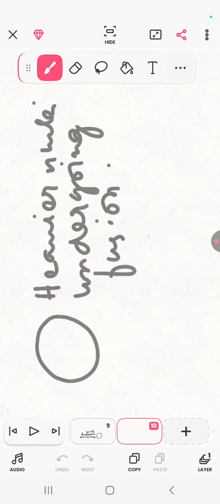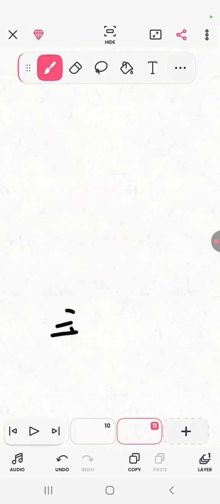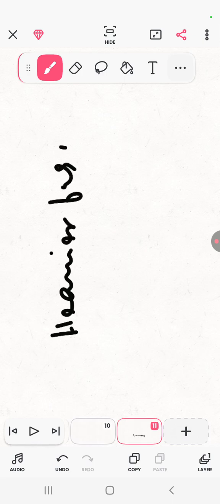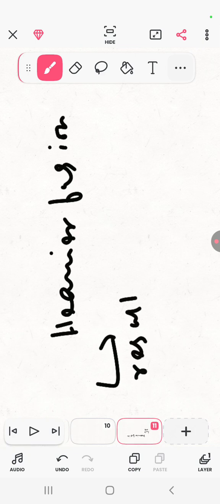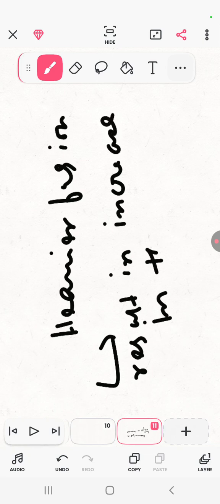So what will happen next? This heavier fusion will result in an increase in the binding energy of the nuclei.